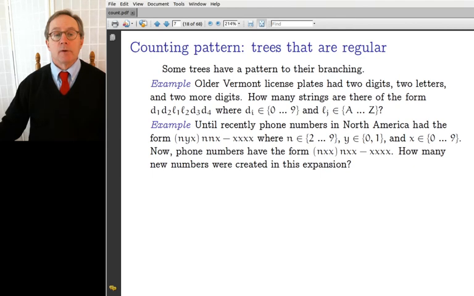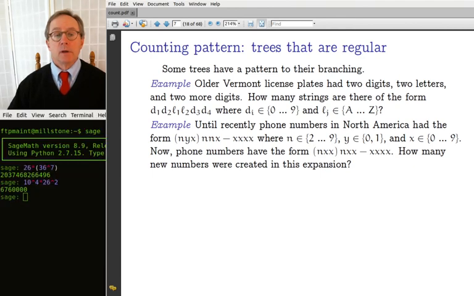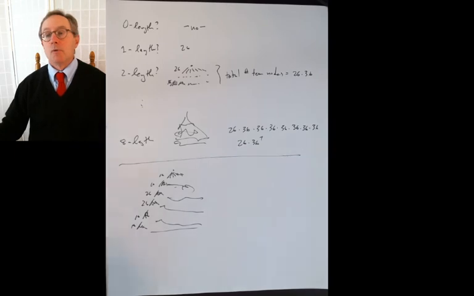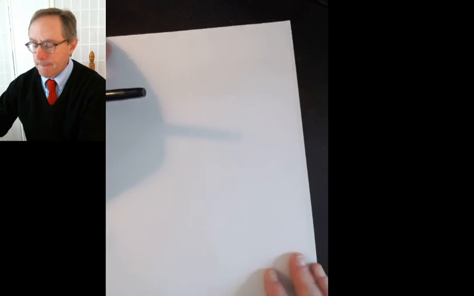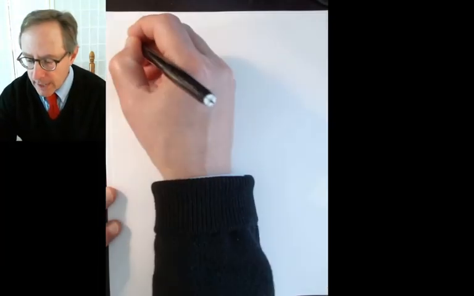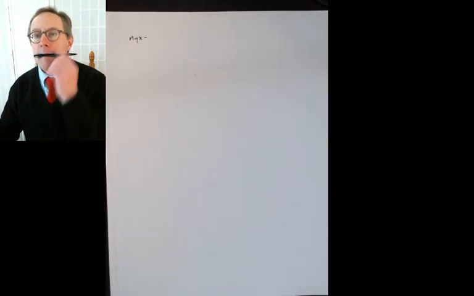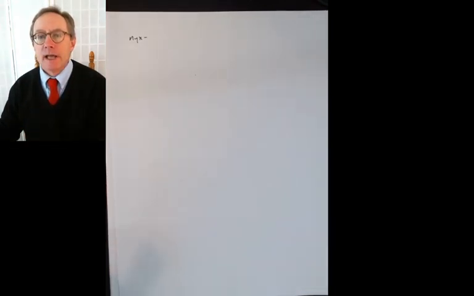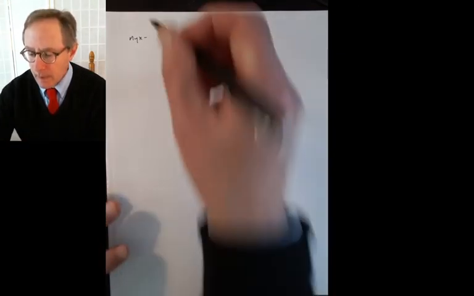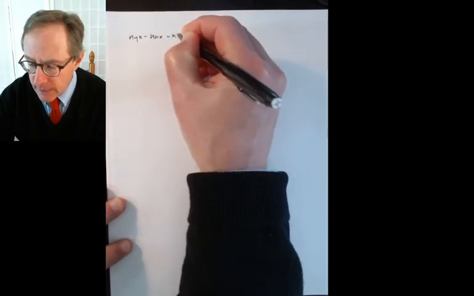Okay, so let's calculate how many phone numbers of the old form there are. So time for a new piece of paper. So we're looking for NYX, and then NNX, and then XXXX.